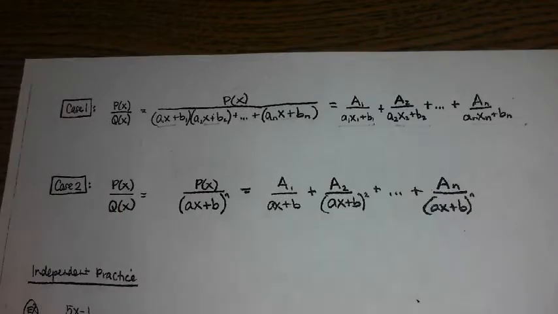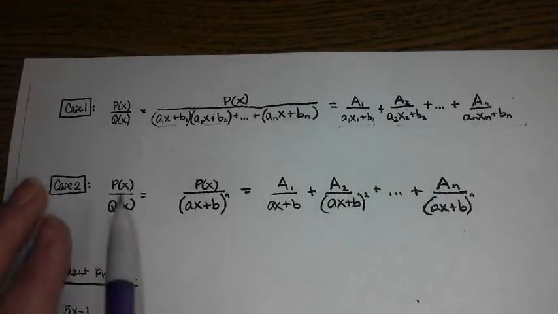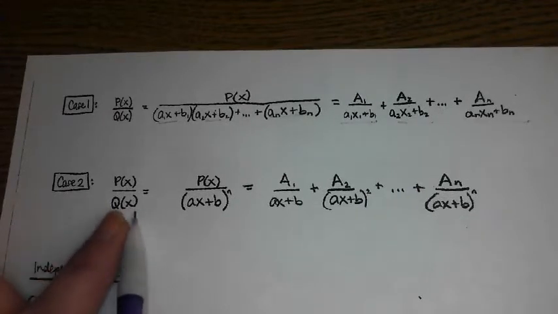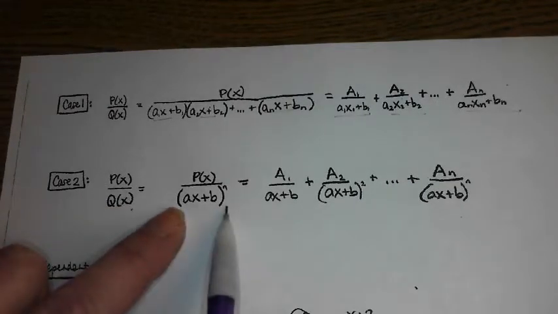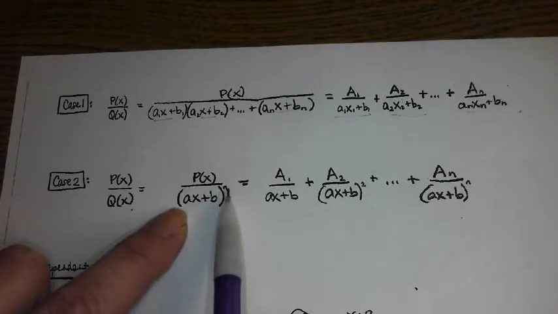That's like the first example when we had no repeats. The second case is when your polynomial in the denominator factors into a linear factor to some power. So the power we worked with was a power of 2.